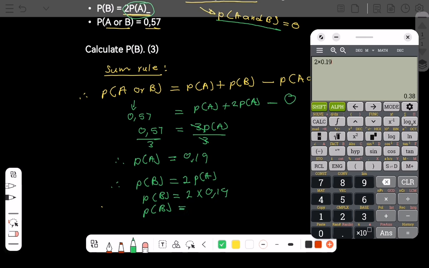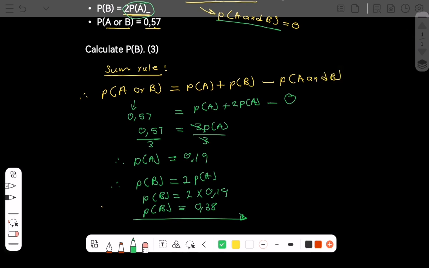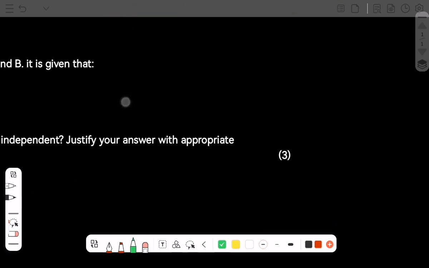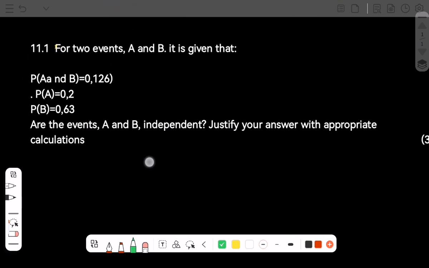So the final answer here is going to be 0.38. Done, guys. This is how we grab these 3 marks absolutely here at the end. Okay, next question.